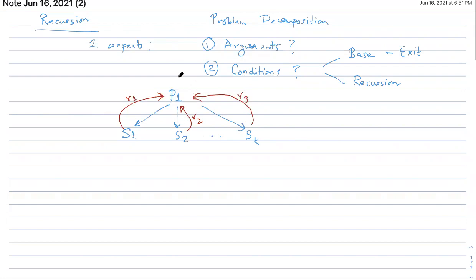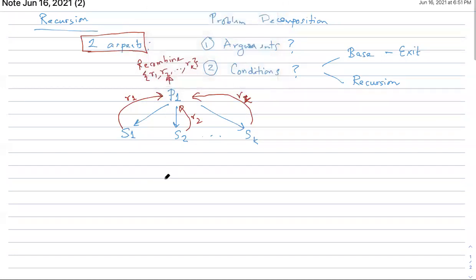And therefore, this should have the ability to recombine the solutions, the results from R1, R2, dot, dot, dot, RK. This is the general formulation of any recursive solution.